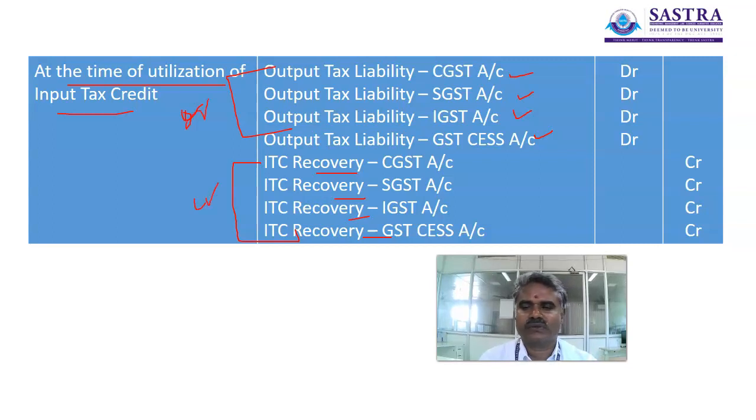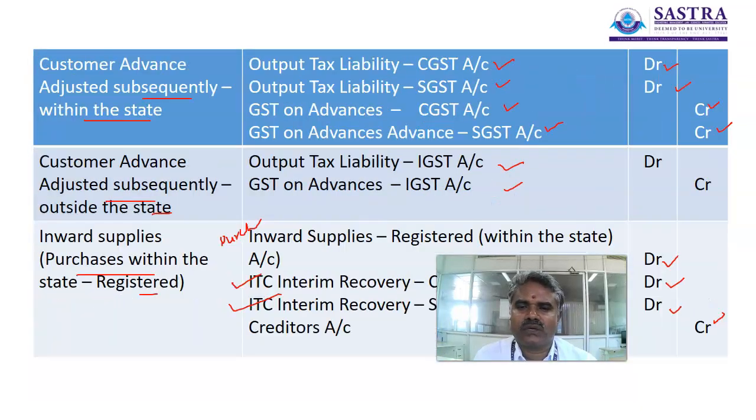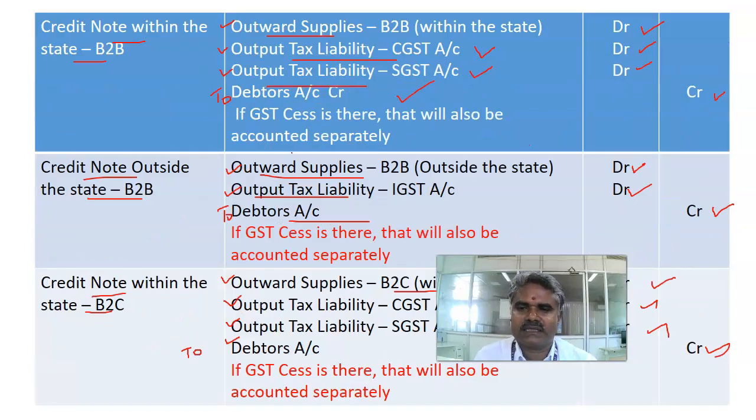These are all the entries we have to pass, and finally tell what is the output tax liability of each and every registered taxpayer. So first you have to memorize all the entries.